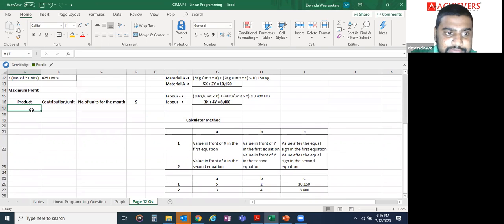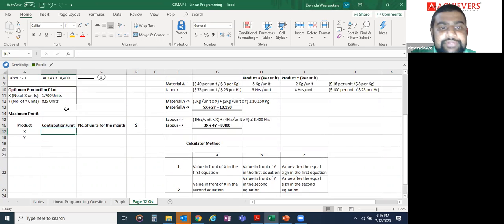So products X and Y. Contribution per unit of X, so that we have to calculate.